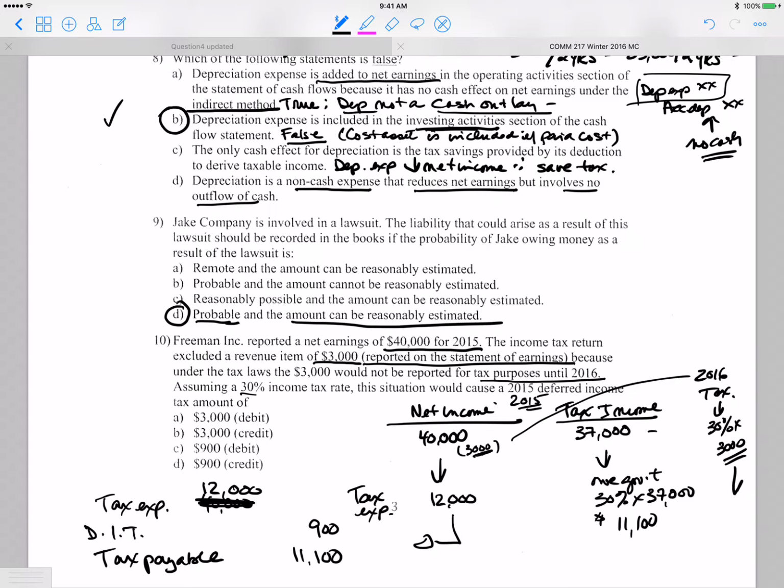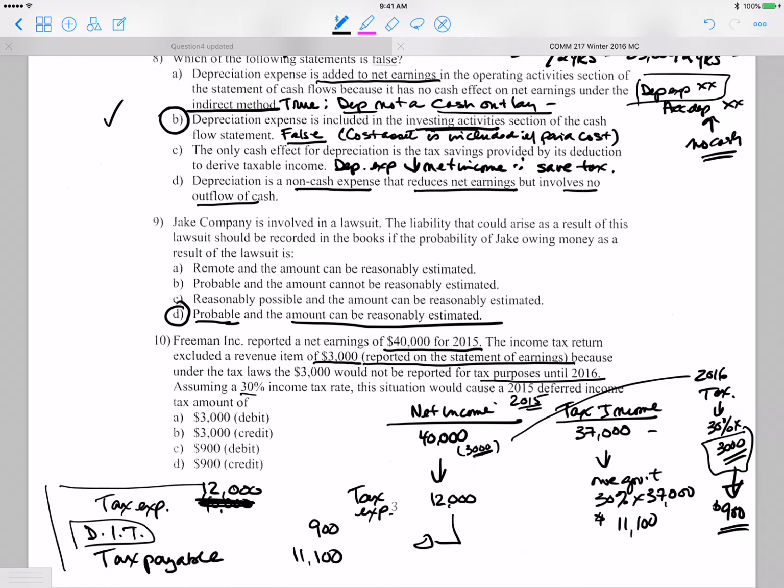It's 30% of 3,000. So this deferred income tax represents the tax payable in the future on this $3,000 that will be considered revenue in a subsequent year.